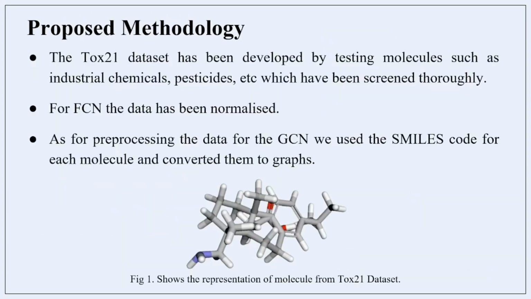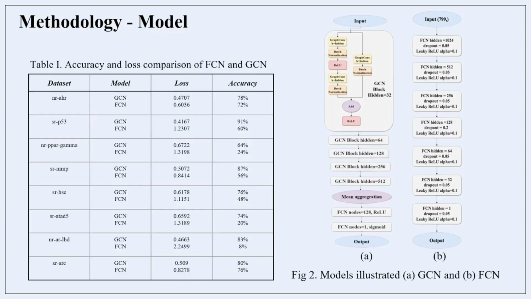In our preprocessing step, we have been converting them to a graph, and each of the atoms is being given a one hot encoded vector which has its properties, and along with that the bonds have also been given a one hot encoded vector which will also include its properties. Now when the GCN takes in the input, it will use the convolutional method, combine the information and give out the output.